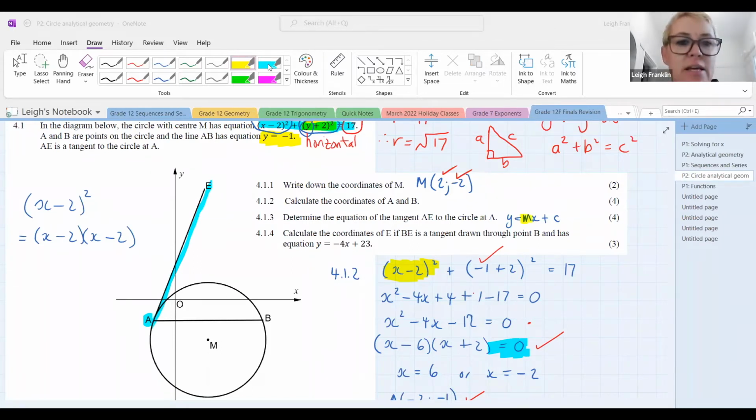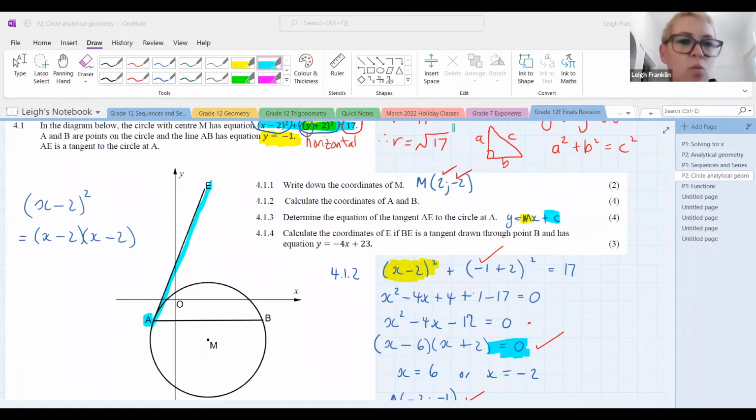What does the letter C over here represent about this tangent? The letter C represents its y-intercept. It is a constant number, but it is the y-intercept of the straight line.